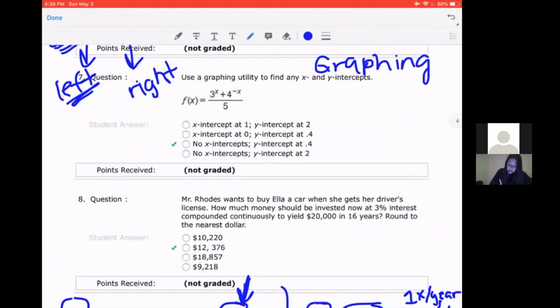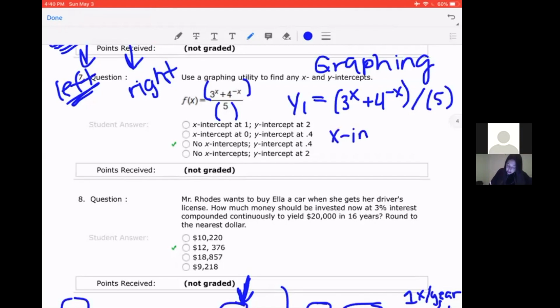All right, just please make sure you put the numerator in parentheses, put your denominator in parentheses. So in the calculator, you would put y1 equals parentheses 3 to the power of x plus 4 to the negative x, parentheses, divided by 5. Okay, for the x-intercept, we do second trace. And remember, x-intercepts are the same thing as zeros.